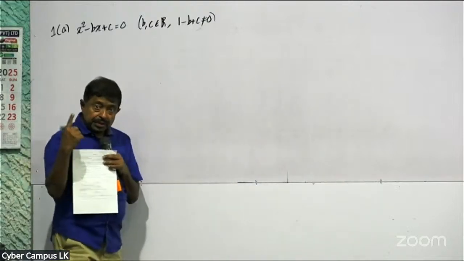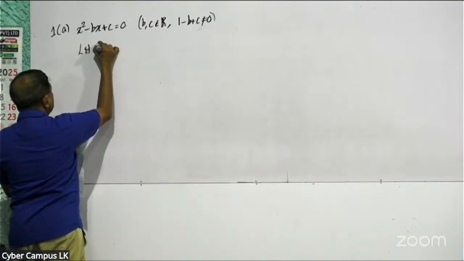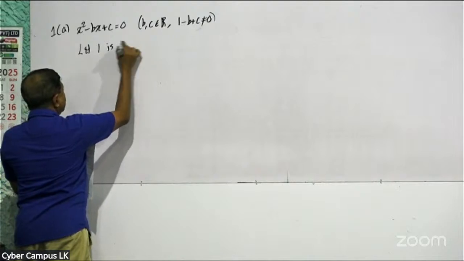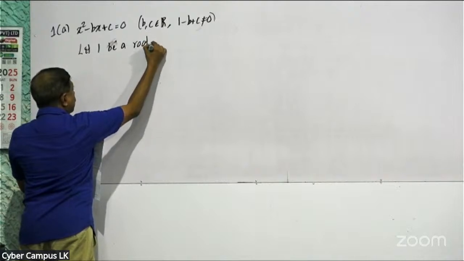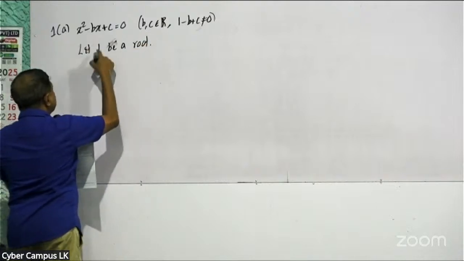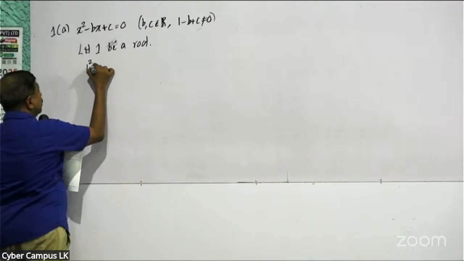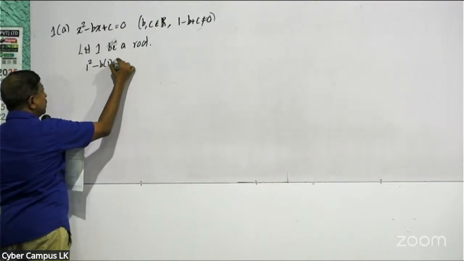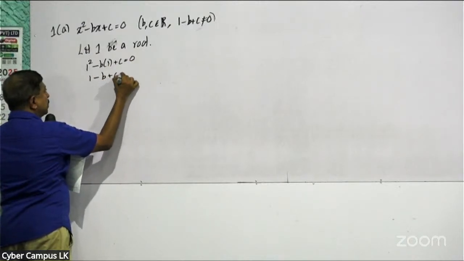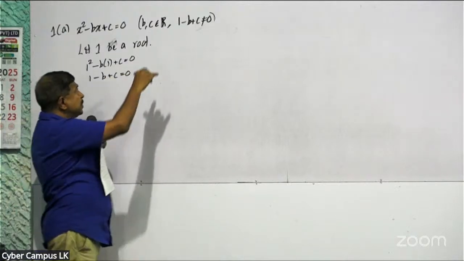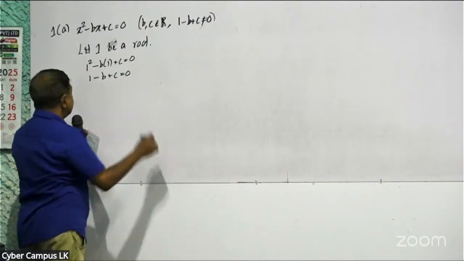You assume that 1 is a root. Then it should satisfy the equation. So 1 squared minus b times 1 plus c is equal to 0. That will give you 1 minus b plus c. However, in the assumption, it's given that 1 minus b plus c is not equal to 0.